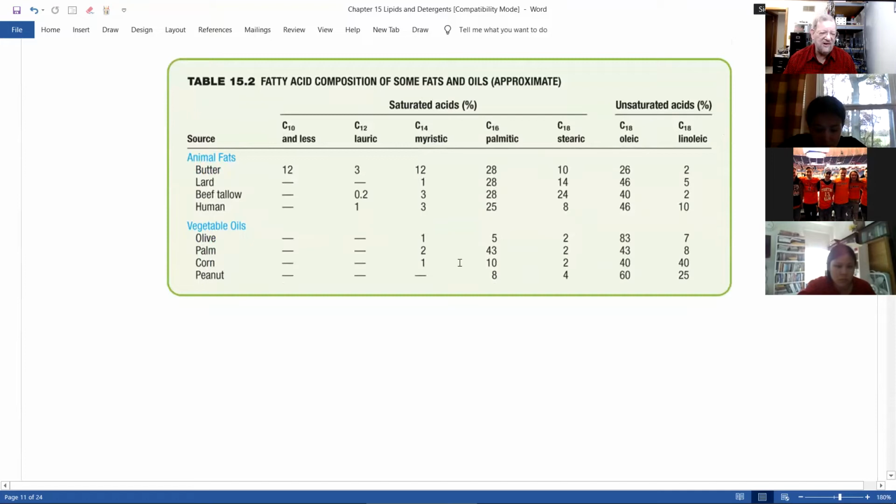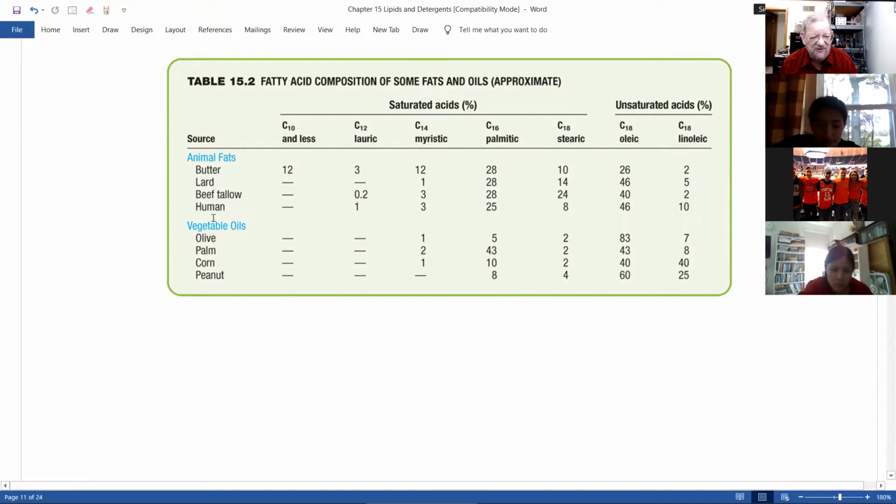Now, when you look, and the switch is off for this slide, at the two types of fatty acids, they come from the oils or fats, and that tells you the R groups on the ester of the fats. For animal fats, butter, lard, which really is yellow grease, and here, see where someone said beef tallow?